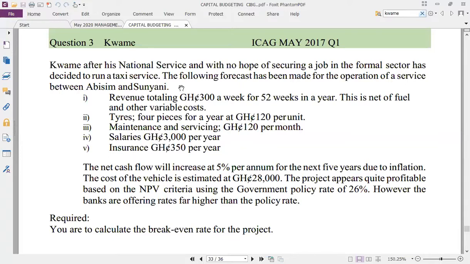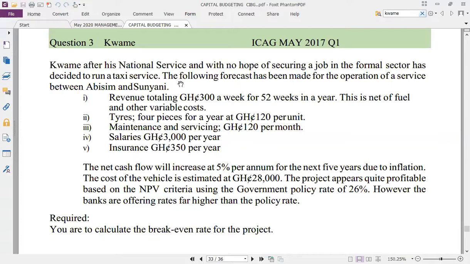The break-even rate. We said that the internal rate of return is also called the break-even rate. Right, so that's the internal rate of return.